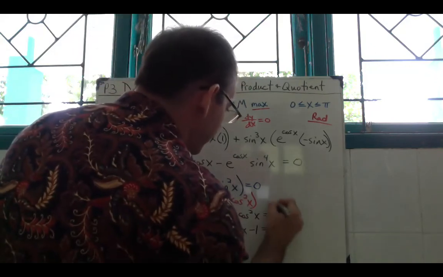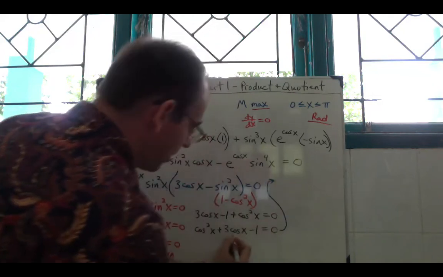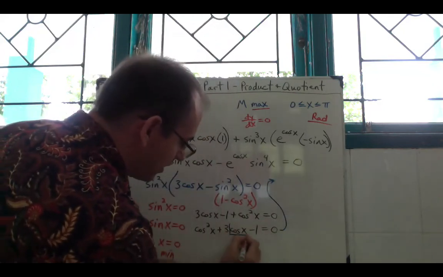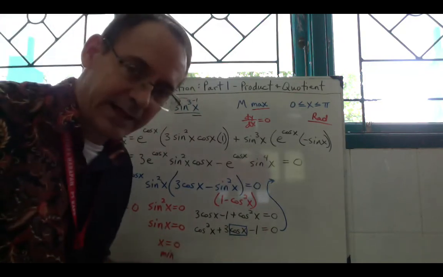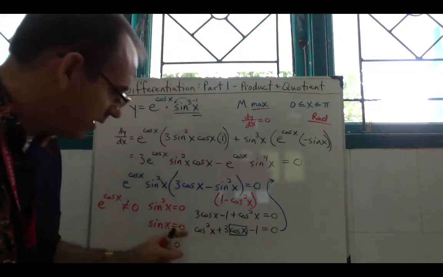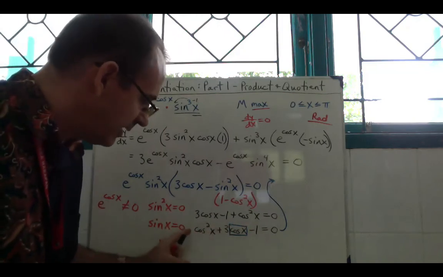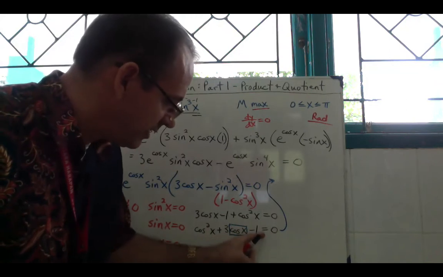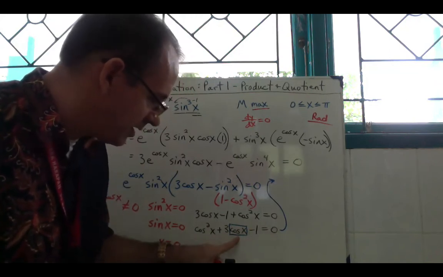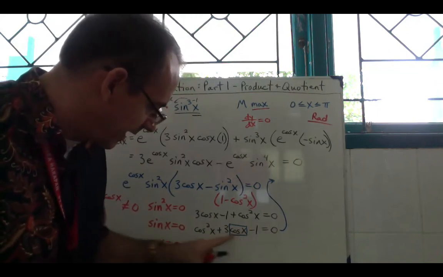So if we bring this right up here, this is our value that we're solving for in the quadratic formula. If you remember your quadratic formula, ax squared plus bx plus c equals 0. This is the b on the x.